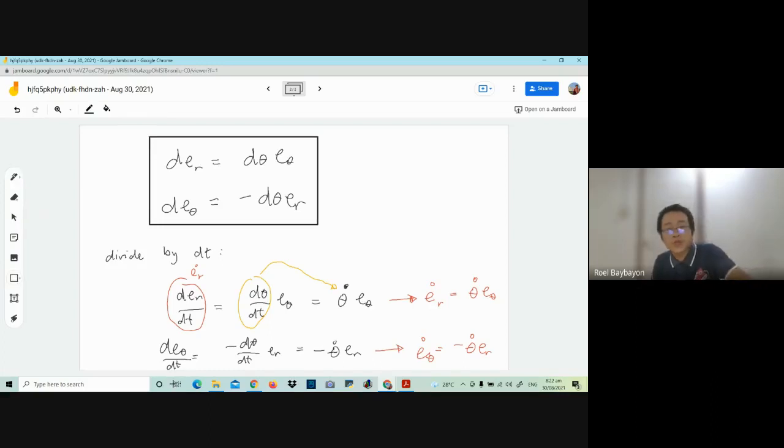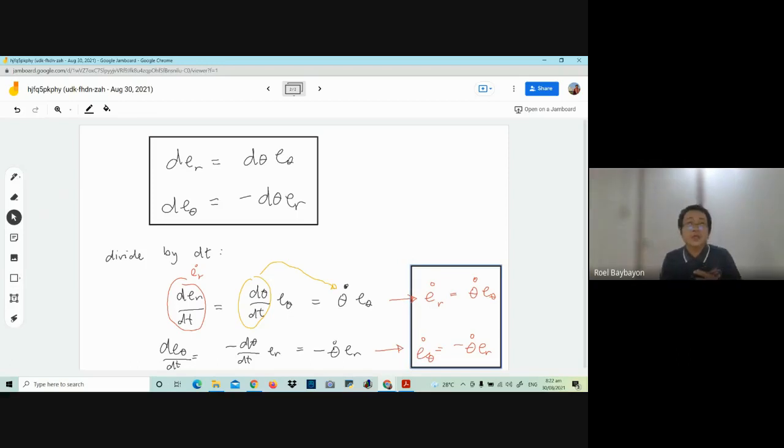So we successfully derived the time derivative of our unit vectors e_r and e_theta.